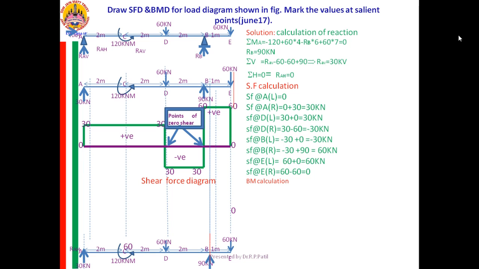In the examination, expected is that beam, only one you can write with the values of the reactions. Instead of writing only 90, you can write RA, RB, and RA is equal to 30 kilonewton, RB is equal to 90 kilonewton. Like that you can write.